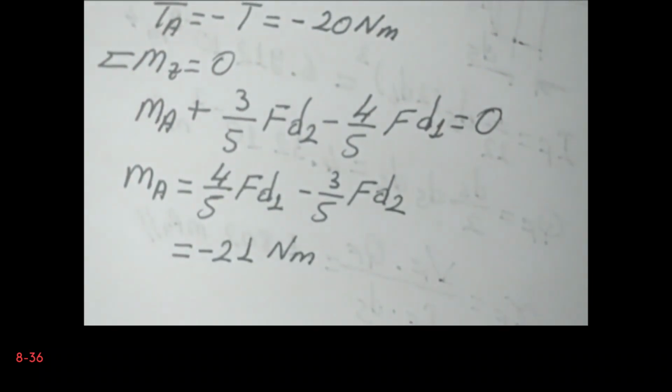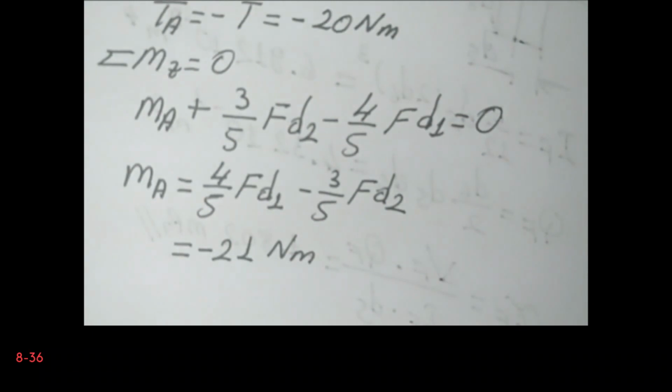Now what we are going to do is, we know the support reactions. Let's find the internal forces and moments. Now we have the cross section. You make an arbitrary cut somewhere on the drill bit. This is our point A. I will not write it, but let me draw the forces now.